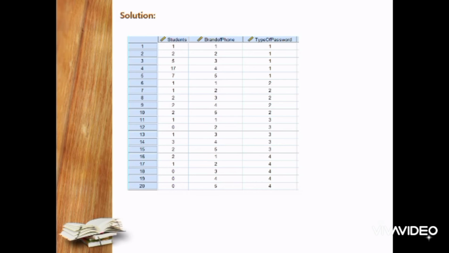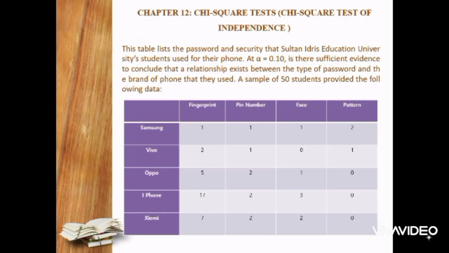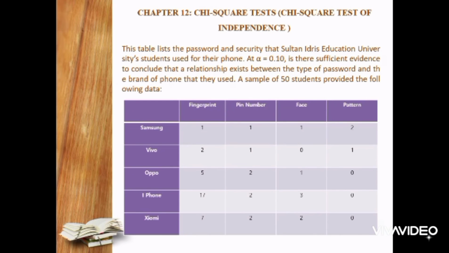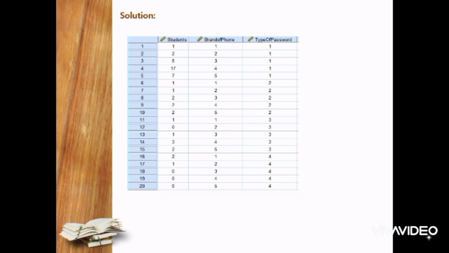From this one, we enter the frequency, number of students, into one variable, and the corresponding sample number, 1 for Samsung, 2 for Vivo, 3 for Oppo, 4 for iPhone, and 5 for Xiaomi, into another variable, and enter the type of password into another column variable, which is 1 for fingerprint, 2 for pin number, 3 for face, and 4 for pattern.